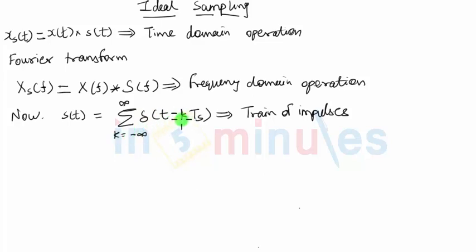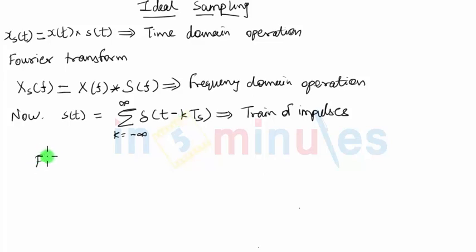If I put k equal to 1, I get delta of t minus Ts. It is an impulse shifted by Ts towards the right. If I put k equal to minus 1, I get delta of t plus Ts. It's an impulse shifted towards the left by Ts. And because k is varying from minus infinity to infinity, you have various impulses which are shifted by amounts like Ts, 2Ts, 3Ts on the right hand side as well as on the left hand side. So that's my train of impulses.